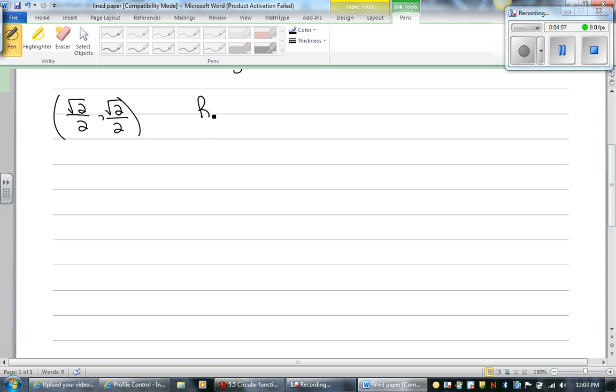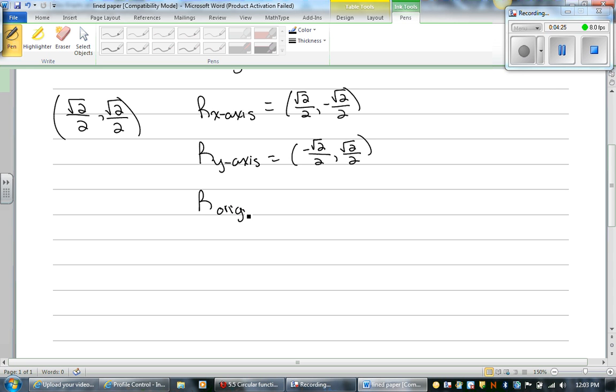So reflection over the x, we know we negate the y. Reflection over the y, we negate the x. And reflection in the origin, we negate both.